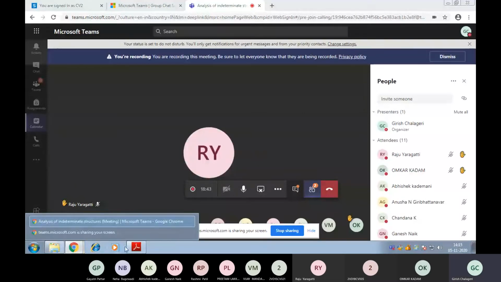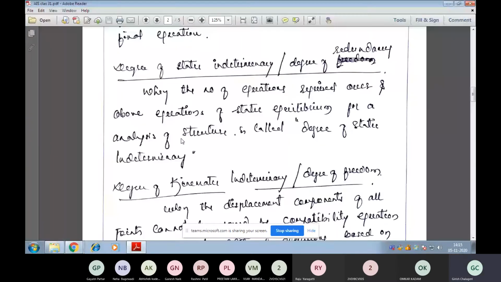Whether you remember or not, we learned this in your 4th semester, in the first chapter on determinate and indeterminate structures, static and kinematic. So let us have a quick revision.